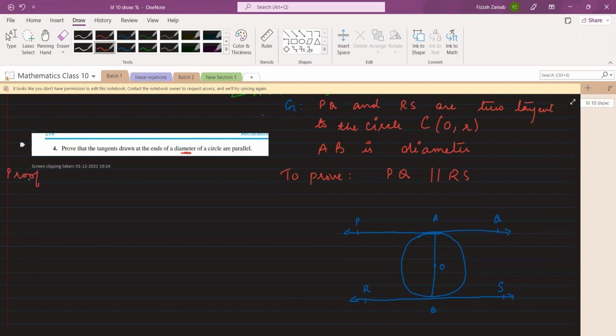Okay, let us do the proof. See, its proof is simple. First of all, we will show that this angle is 90 degrees. We can show it from the theorem, right? Then we will show that this angle is 90 degrees, again from the theorem.